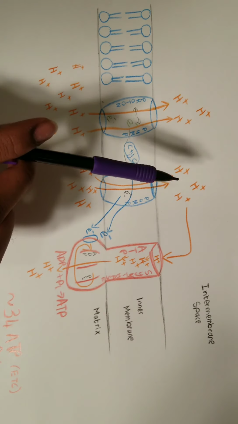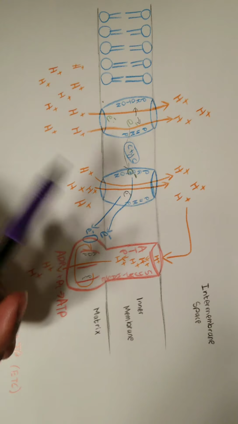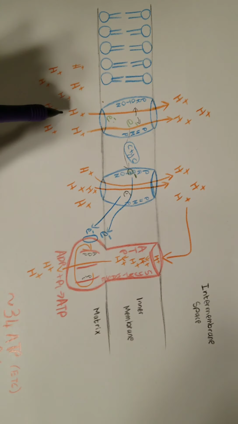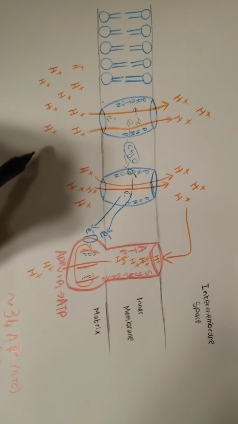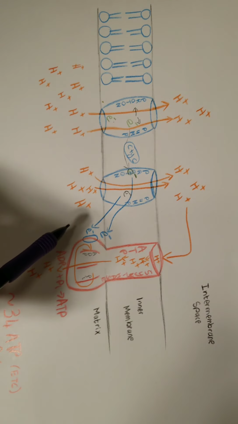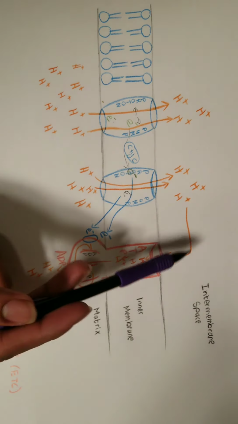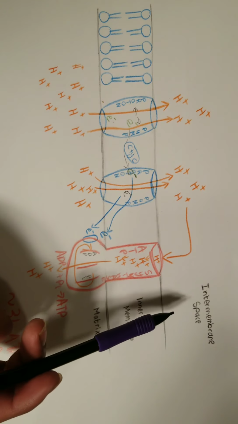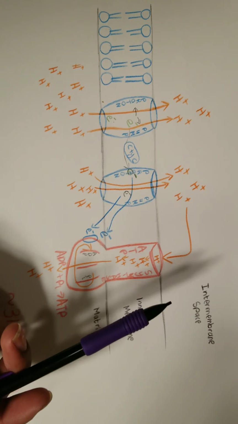So basically what's happening is, you'd be thinking, okay, we had hydrogen ions on this side in the matrix, which was more acidic. Now you moved them to the other side into the intermembrane space, so isn't that more acidic? Well, yeah, technically.